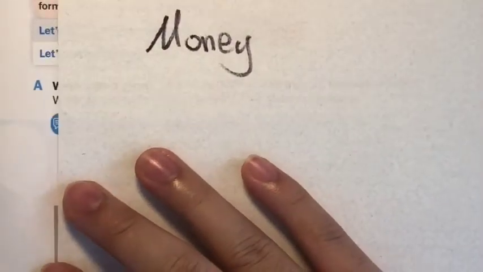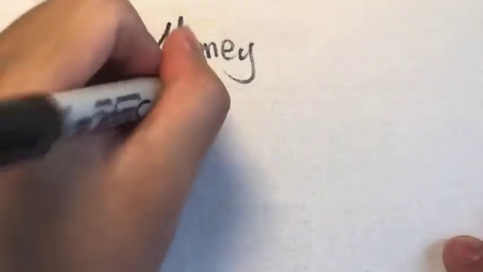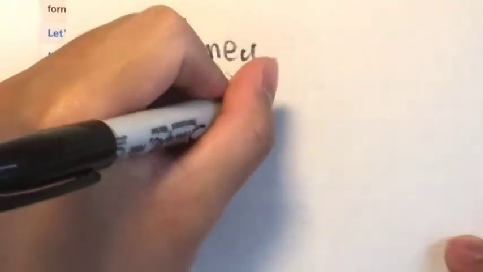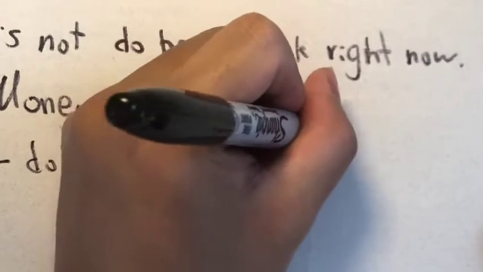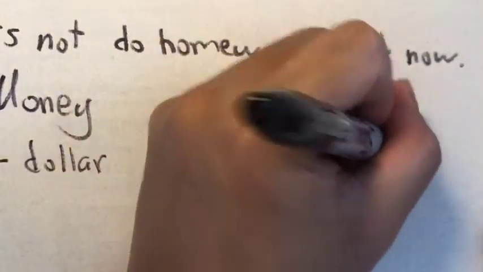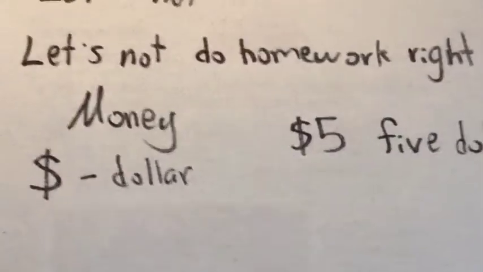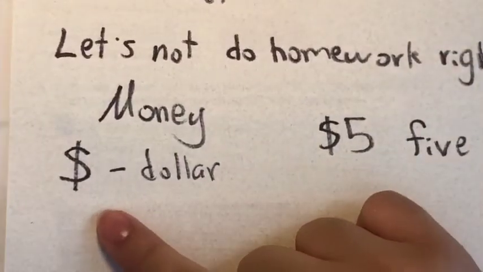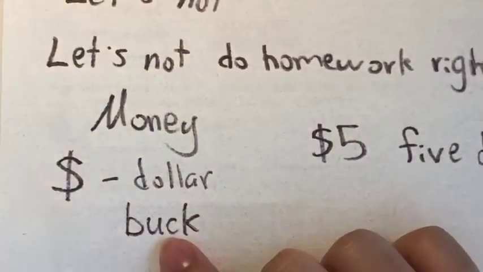Money. Okay, so we know that this is the dollar sign. So if we have something that looks like this, we say this is $5. Well, another way to say this sign is buck.